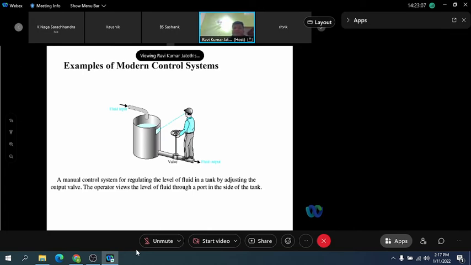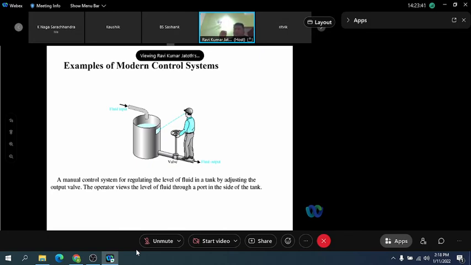Right. Now let us take one more example. There is a tank. There is inflow in the tank, but some chemical reaction is happening in the tank. The objective here is that the liquid level of the tank has to be made constant.